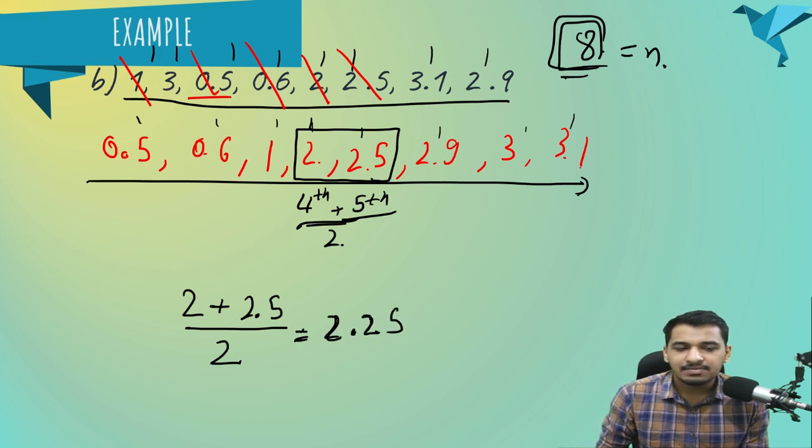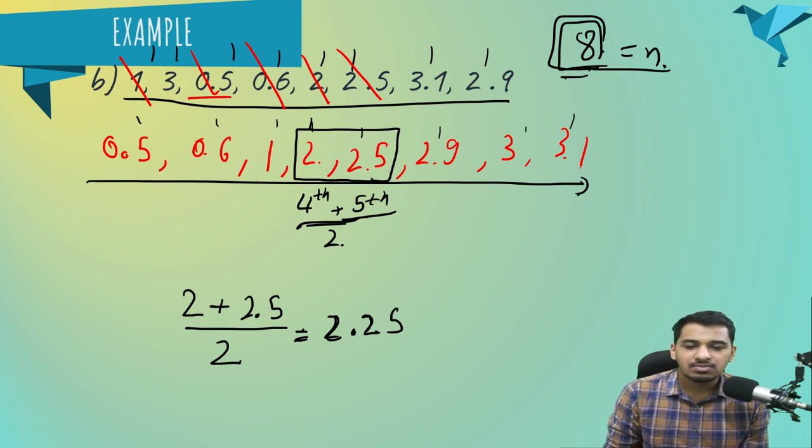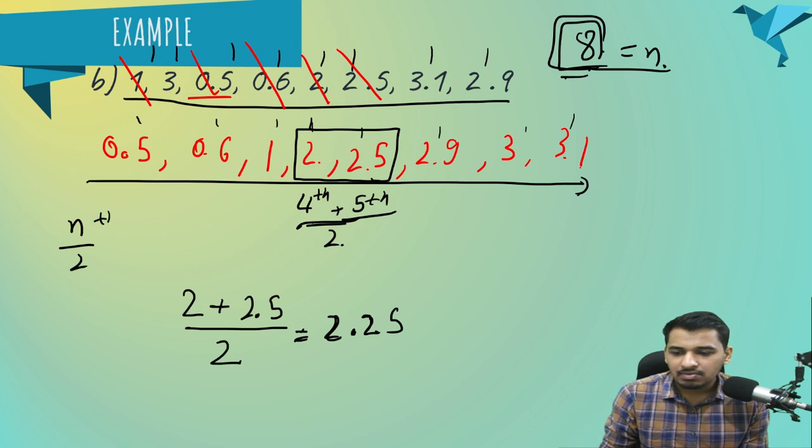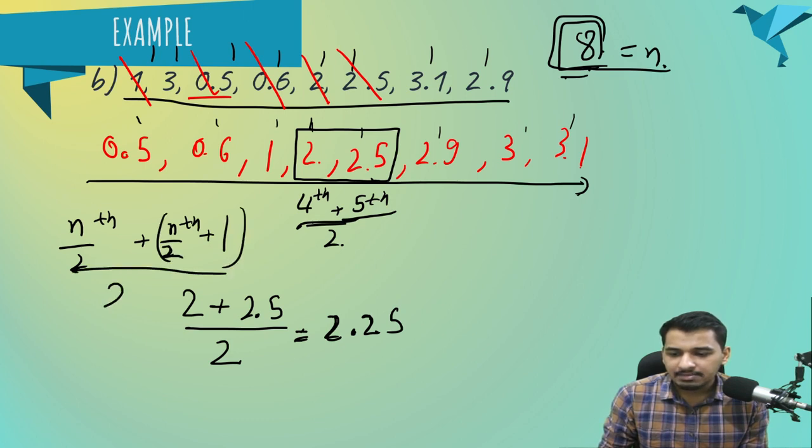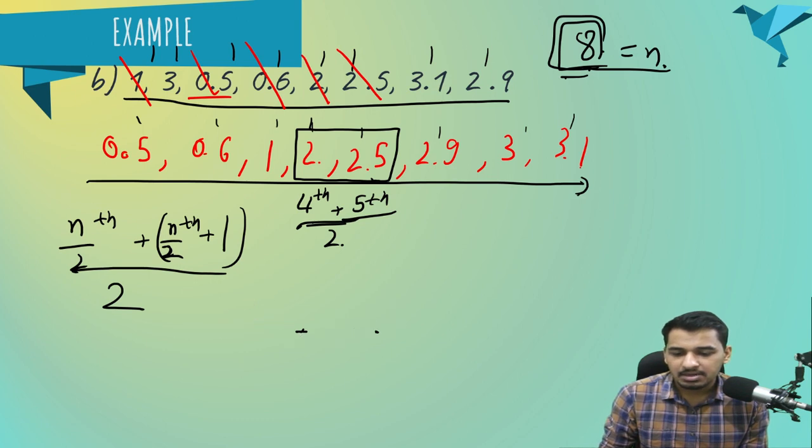So if n is even, and in this case n is even, what you have to do is the n by 2 value plus the n by 2 plus 1 value, divided by 2. This is how you will have to find the median.